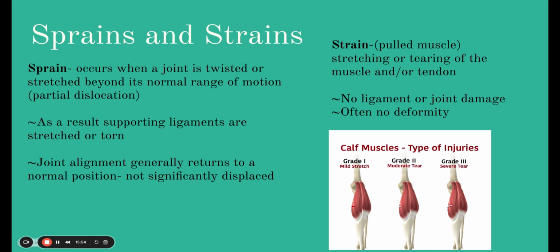But as you can see here, there are different grades of muscle strains. It can be a tiny tear, it can be a severe tear. These are more like athletic injuries from wear and tear on the muscles, and maybe you just pulled it the wrong way and it tore.